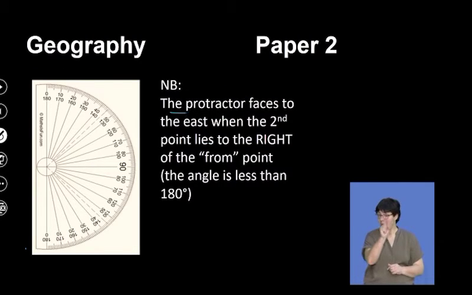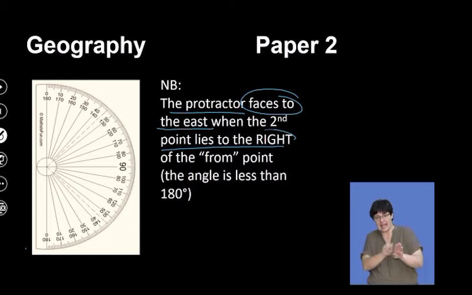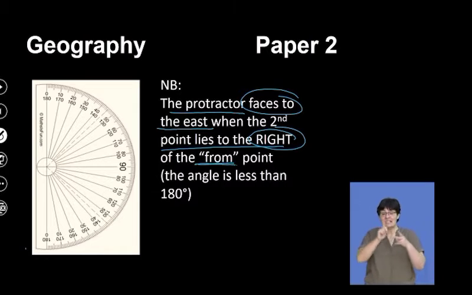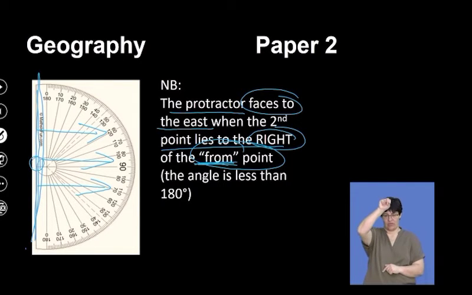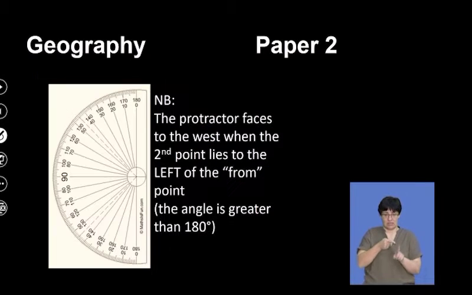Remember that when you're using a protractor, the protractor faces to the east when the second point lies to the right of the protractor. This is determined from your question, the from point. Note how the protractor looks when it's facing eastwards, and that angle comes from your true north, as well as if the from point is placed at the center of the protractor. Remember the following.